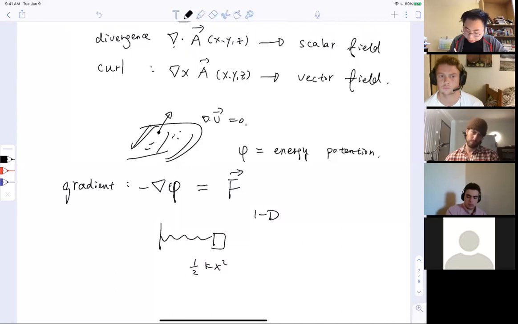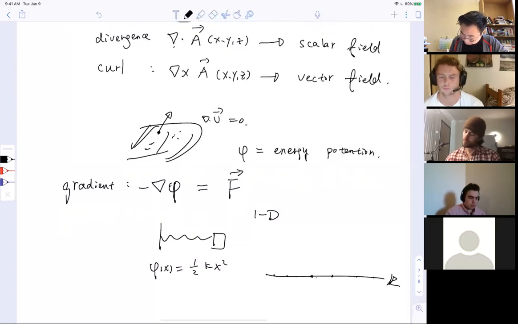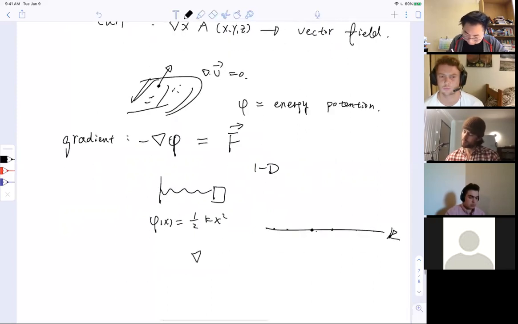This is actually a scalar field in one dimension. You can see at each point in this R1, you have a number associated with that point. And you take a gradient.